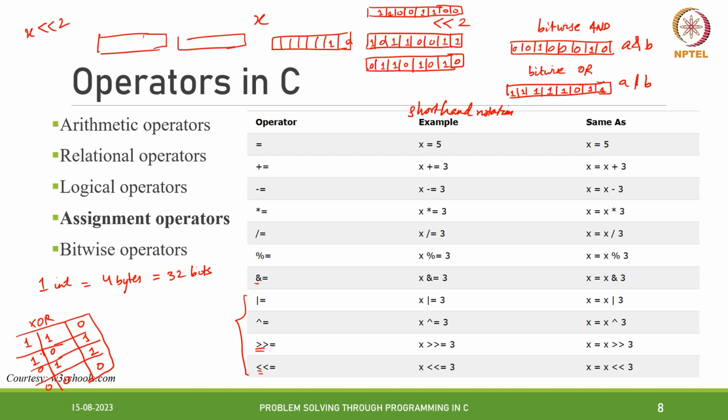Here you are doing a bitwise XOR between x and 3 and saving the value in x. Here you are doing a right shift by 3 units and saving the value in x. And this is a left shift by 3, saving the value in x. So these are all bitwise and assignment together.